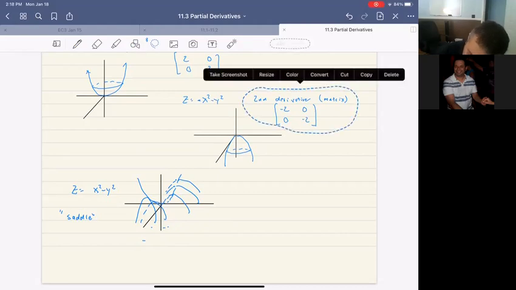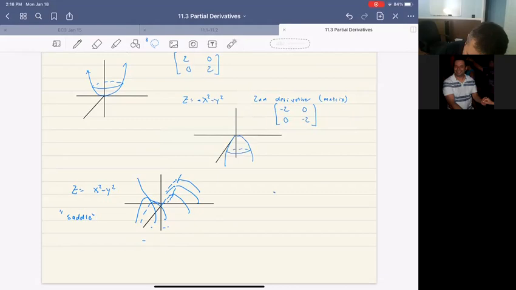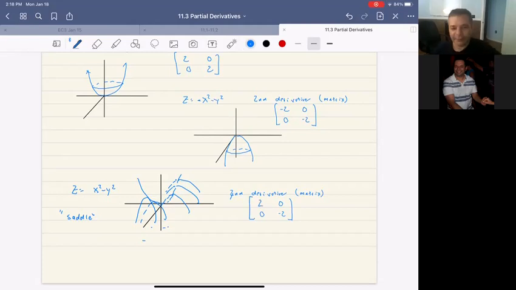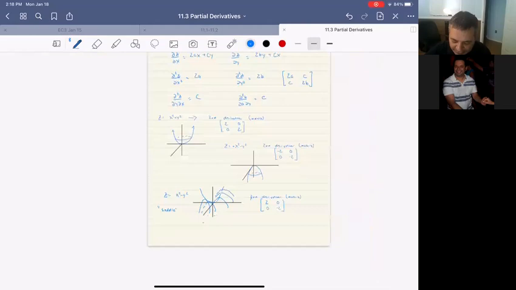And the second derivative matrix here is going to have a positive here. There, okay? So these are the 3 main shapes we're going to think about going forward.